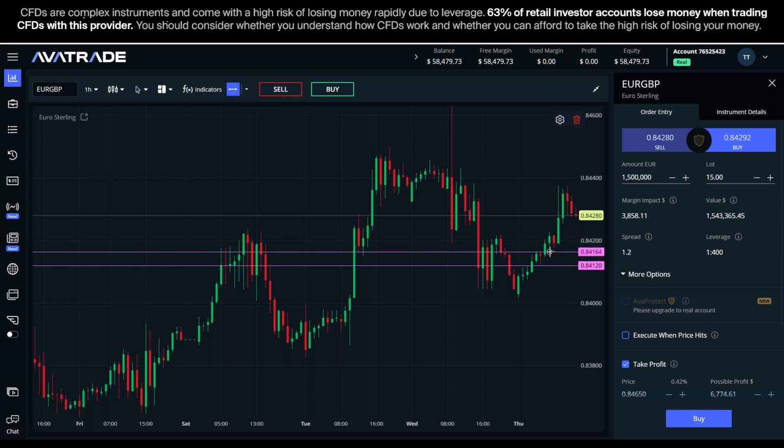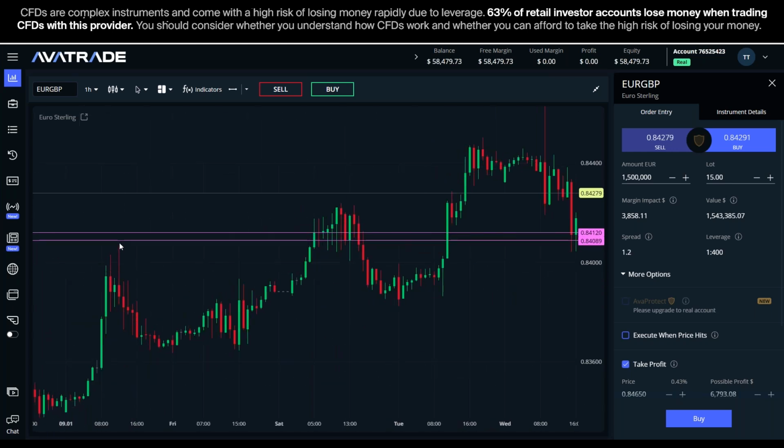If it breaks that support level that was the pivot level, you put your stop loss down here, because the signal says that it's a sell signal if it drops below this price. And this is a support level from the past as well, because you see this was resistance, and then once it went above, it became support at this level. And it's support here again.